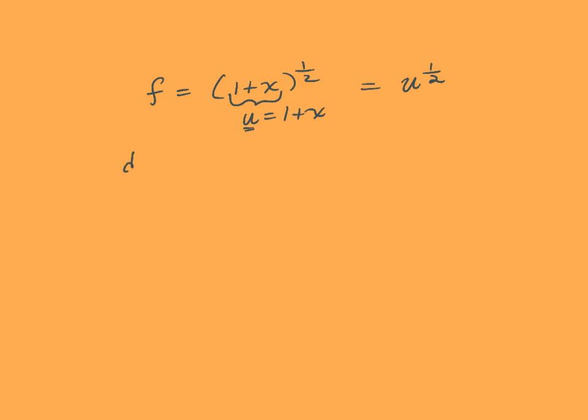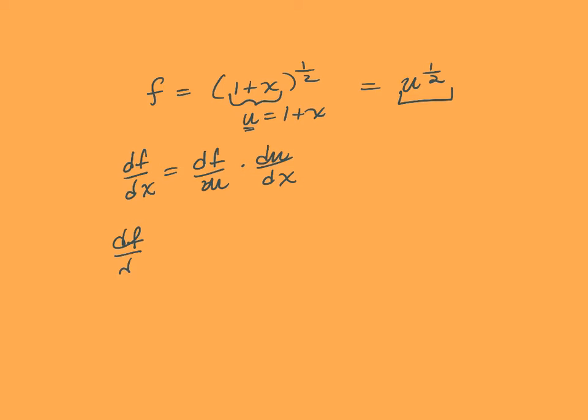So let's say df dx is going to be df du times du dx, and df du is u to the 1/2.